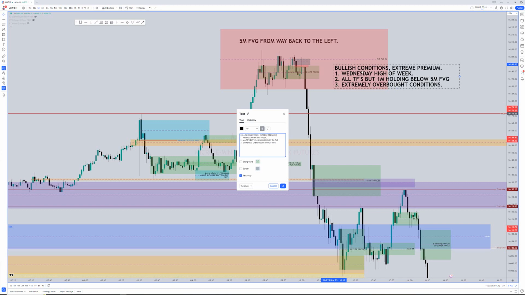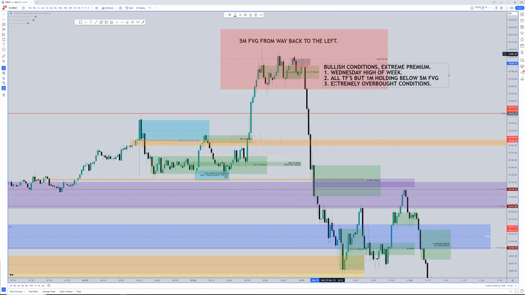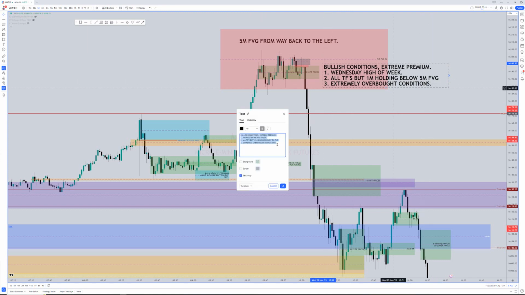Then we have the potential for a Wednesday high of week, all time frames but one holding below a 5-minute fair value gap, extremely overbought conditions, and then if you wanted to add to that, which would be a new thing, turning point algo shows the creation of a local premium array, which is tested and holds at 10 a.m. with no news.